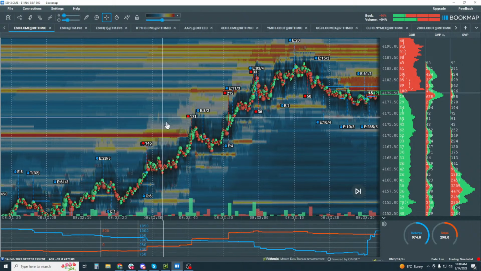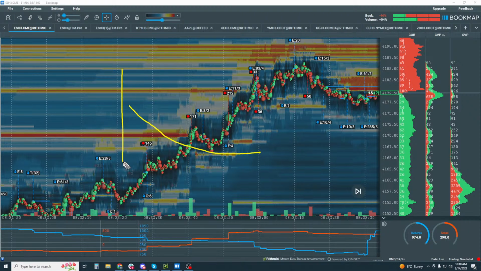It's no different than the curves you see in economics 101. Here's your supply curve, here's your demand curve, and this is the intersection between them. This is the same thing.